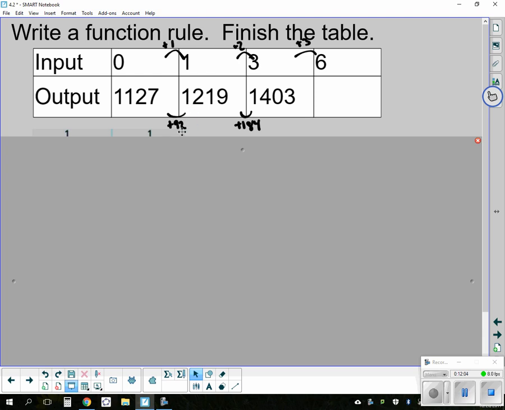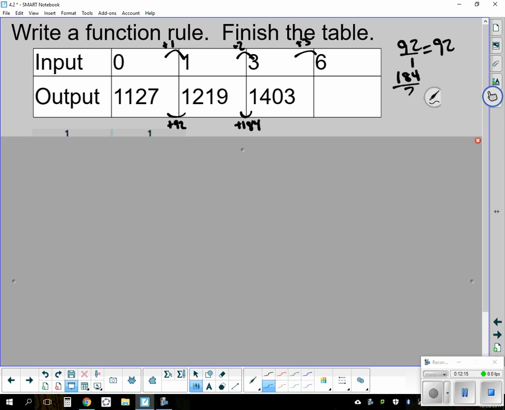Your output difference over your input difference for the first one is 92 over 1, which is just 92. For the second one, it's 184 over 2, which is 92 as well. That means we do have a constant rate of change, which means this is going to be linear.